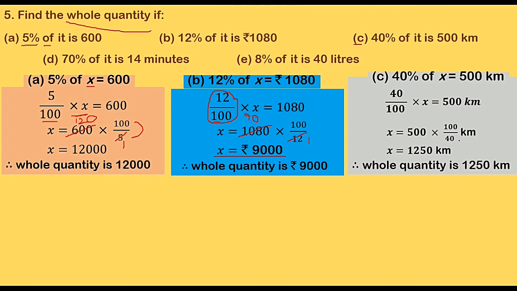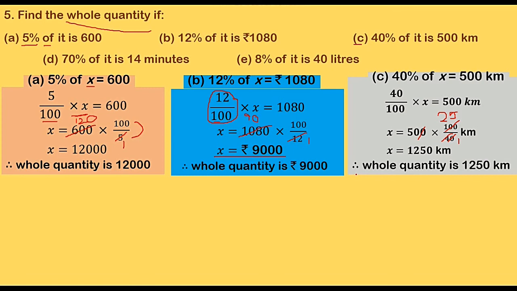So 500 multiplied by 100 upon 40, what do I get? 0, 0 cancelled. 4 ones are 4, 25. So 25 into 50 is 1250 kilometer. Therefore, the whole quantity is 1250 kilometer.